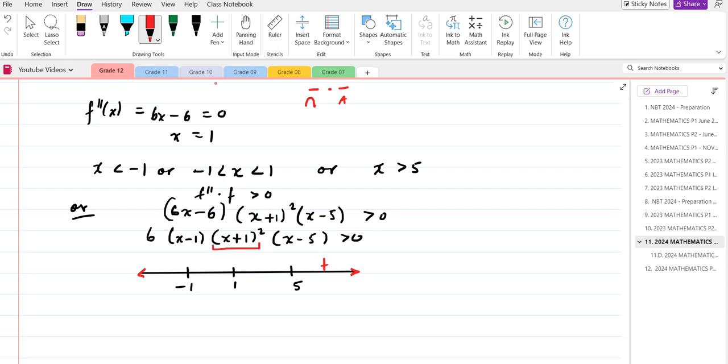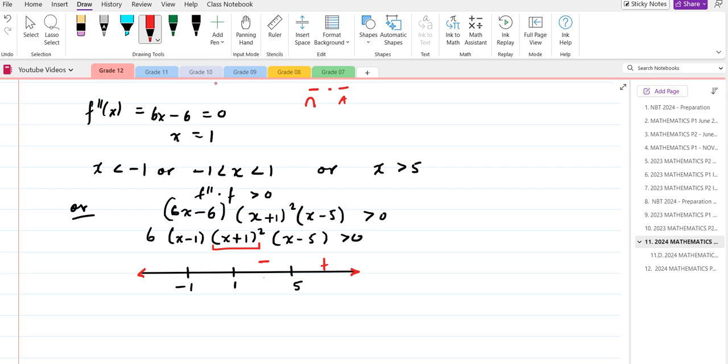Any value between 1 and 5, like the number 2, you're going to get positive here and negative there. 2 minus 1 is positive, and x minus 5 is negative. So a negative product.